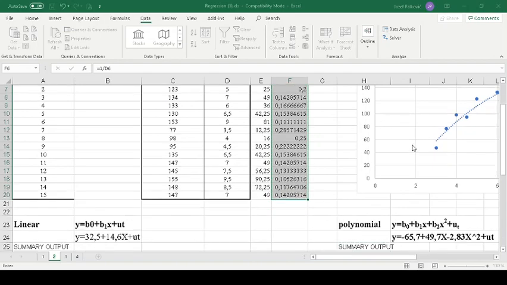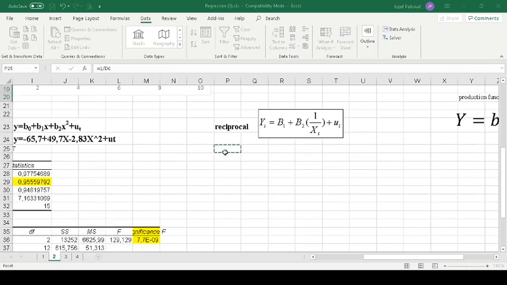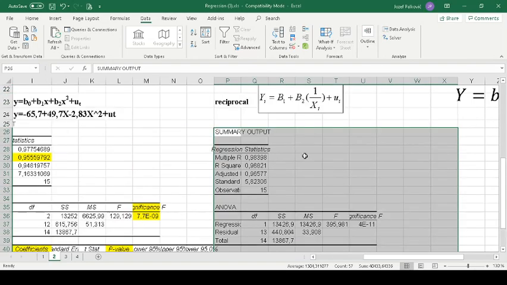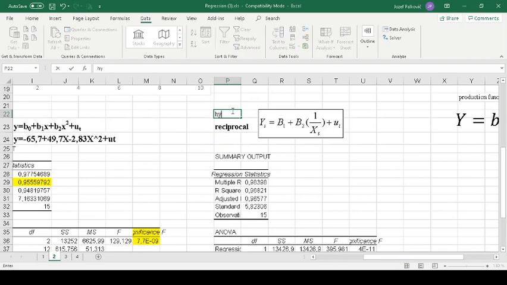We will select different output range, for example here. Okay, and here it is. So that's summary output for hyperbolic function, reciprocal or hyperbolic.